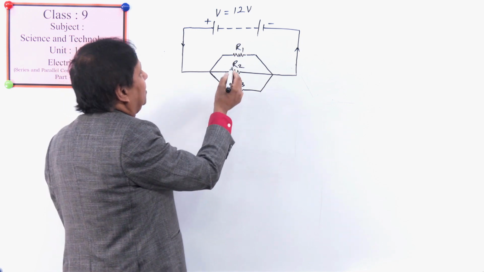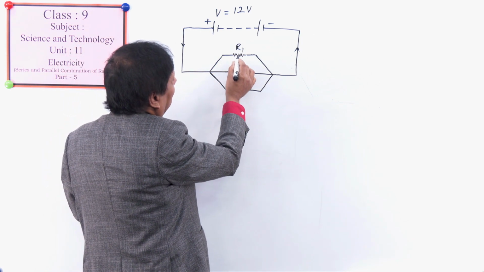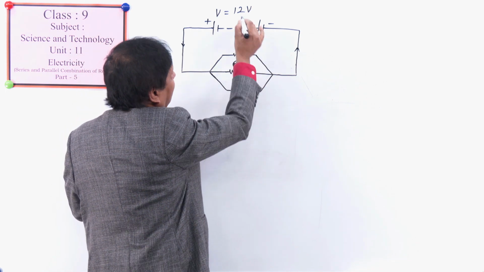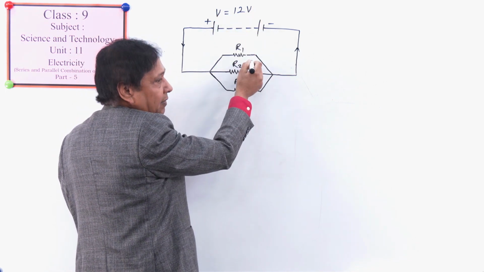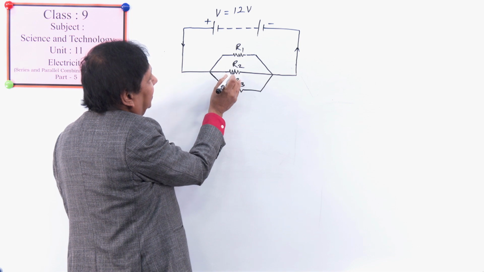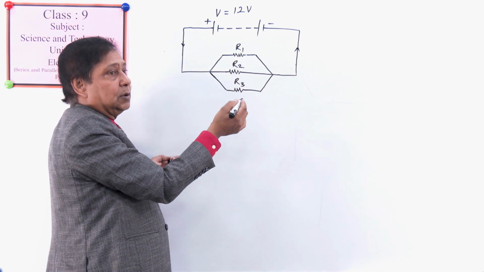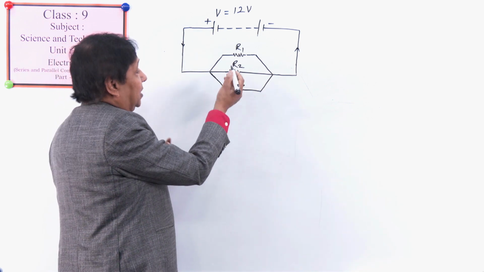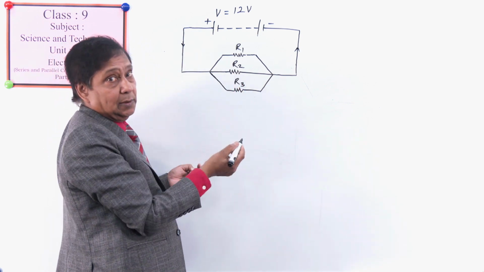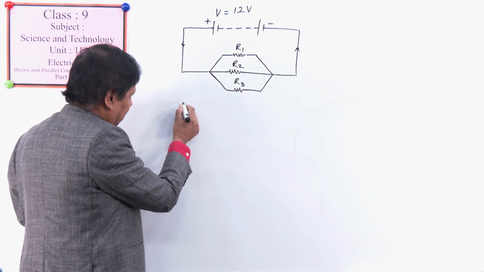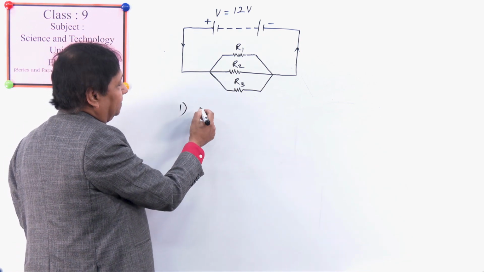And if we measure potential difference across the first resistor, then it is found the same 12 volt. And if we measure potential difference across the second resistor, then it is again found the same 12 volt, and PD across the third is also found 12 volt. It means first conclusion, first characteristic, what can we say?